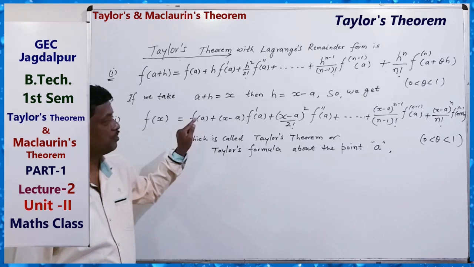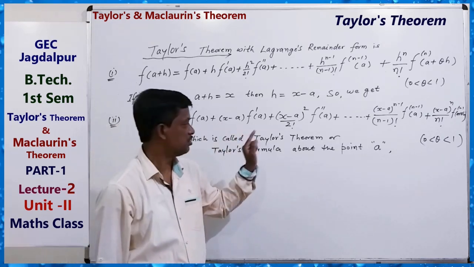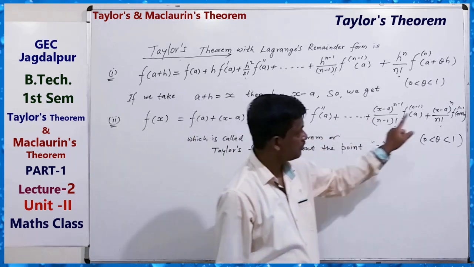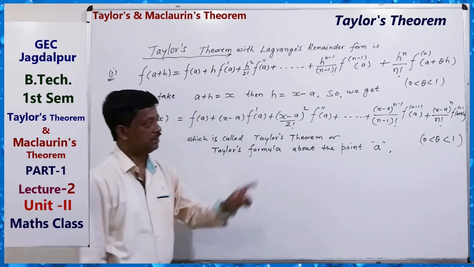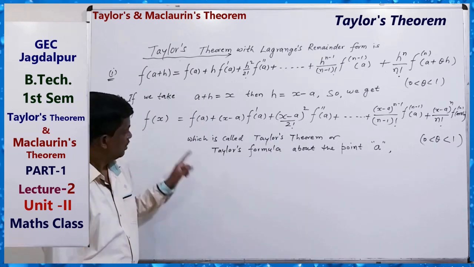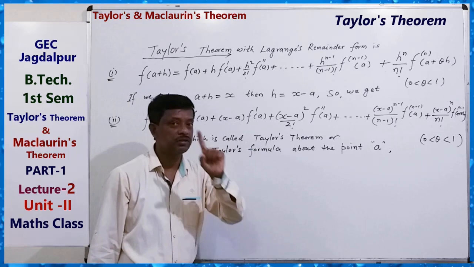This is Taylor's formula, or you can say Taylor theorem, because the remainder form is also there. Where theta lies between 0 to 1. This is called Taylor's theorem or Taylor's formula about the point x equal to a.